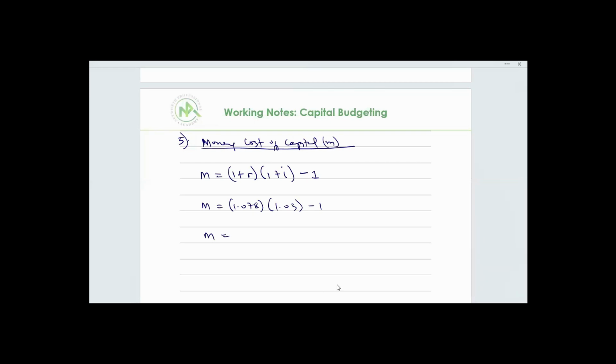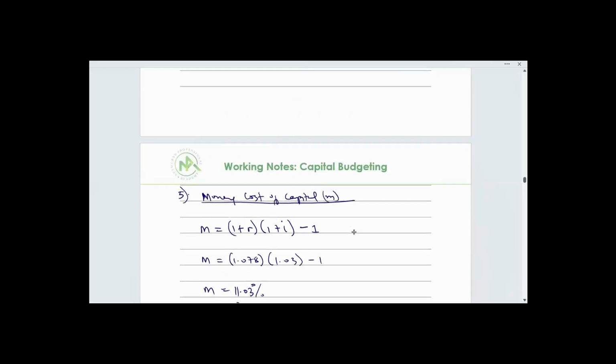Bring your calculator: 1.078 multiplied by 1.03 minus 1, multiplied by 100, that's 11.034. Approximately 11.03%, my money cost of capital is 11%.